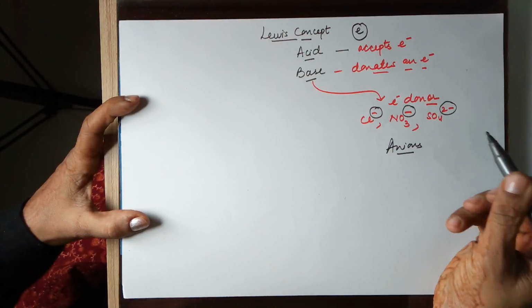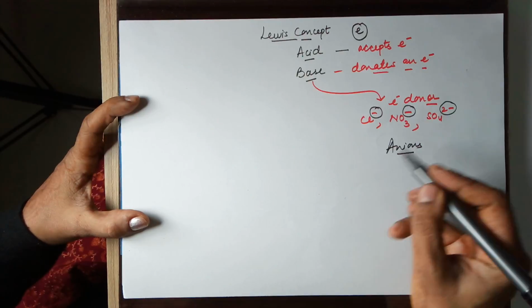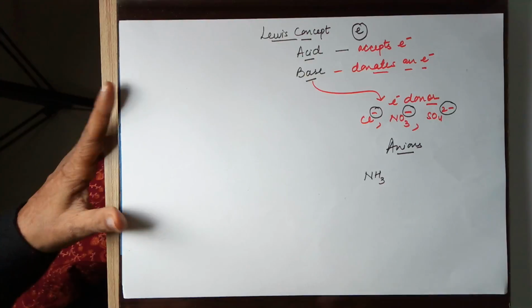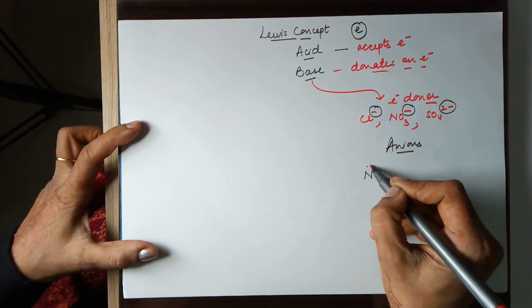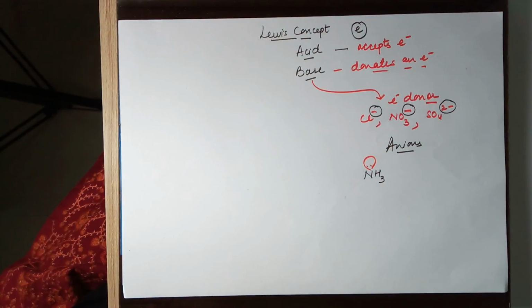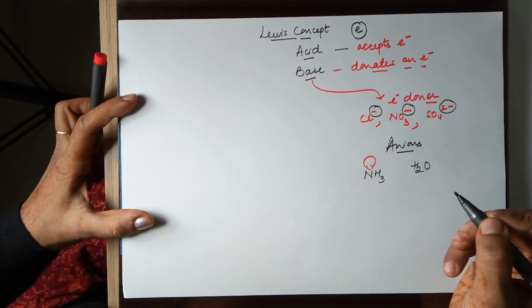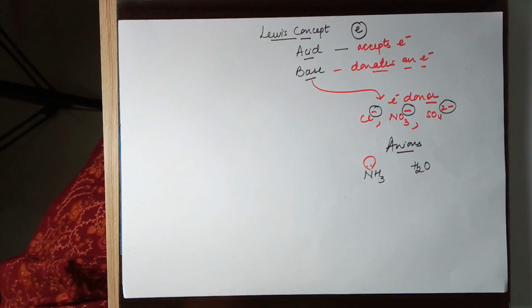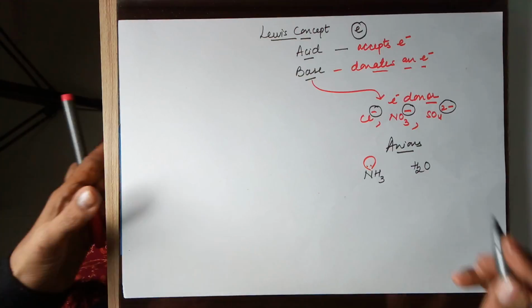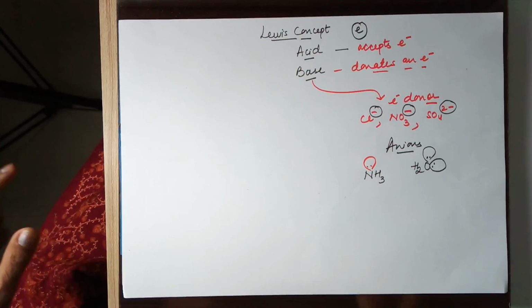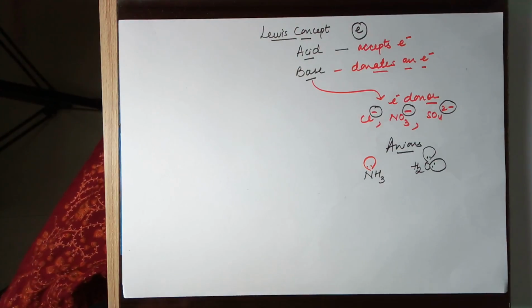Apart from the negatively charged ion, there are molecules like ammonia. In ammonia, you have one pair of electrons which is not bonded. Similarly, you have water, where oxygen has two such pairs of electrons which are not bonded.